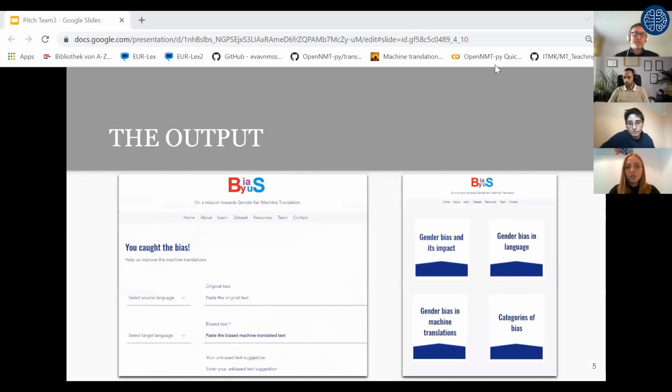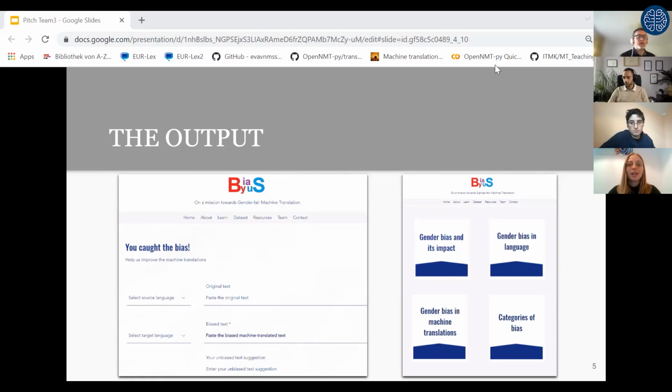And this is just a quick screenshot of our website that works. So this is the platform that we created with information on biases in language, on biases in machine translation, and what impact this has. And also we created different bias categories. And on this platform, cases of bias in machine translation outputs can be shared.